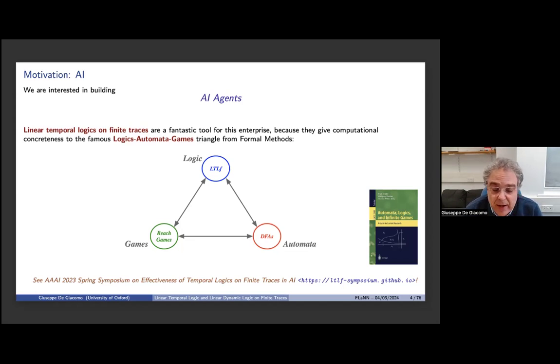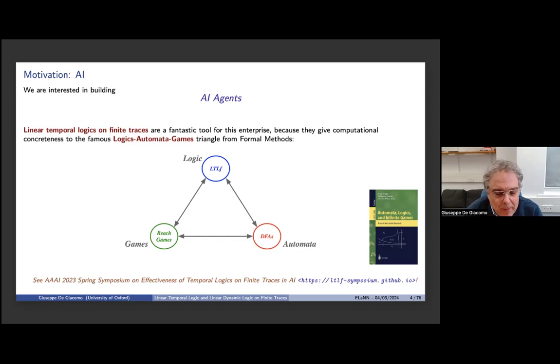In particular, you start with this finite trace variant of linear temporal logic. The corresponding automata are DFAs, which are very nice to handle. And then over these DFAs, you play reachability games, essentially. These reachability games will give you strategies to fulfill the LTLf specification.